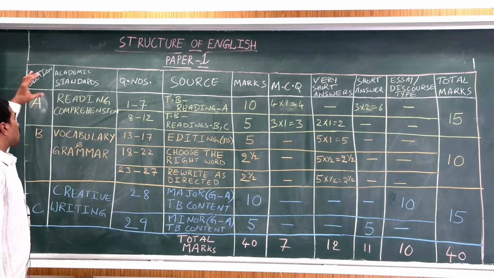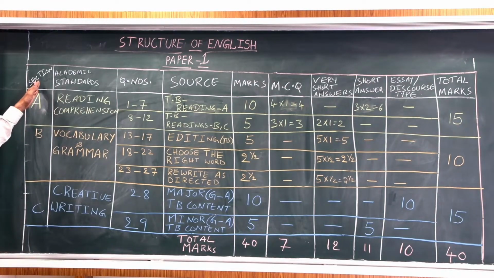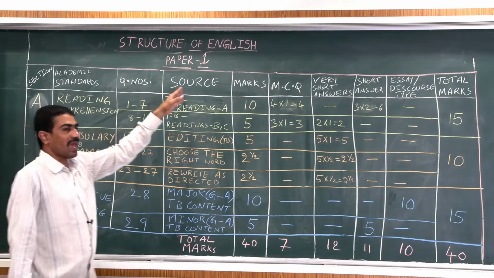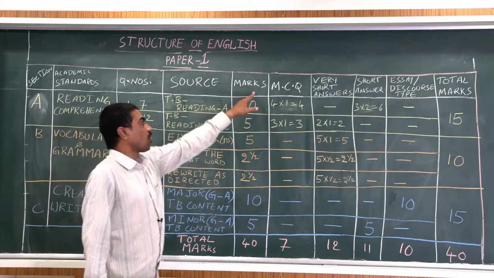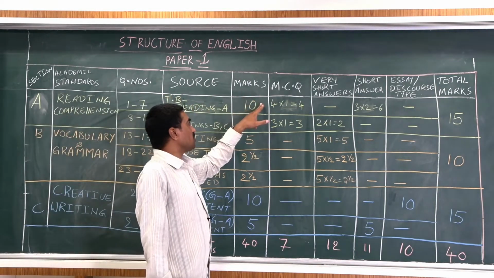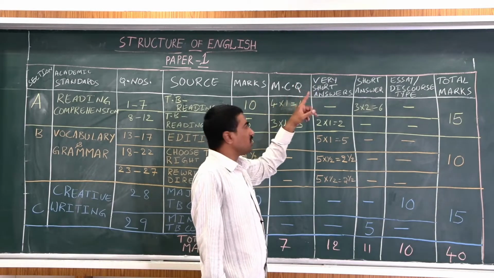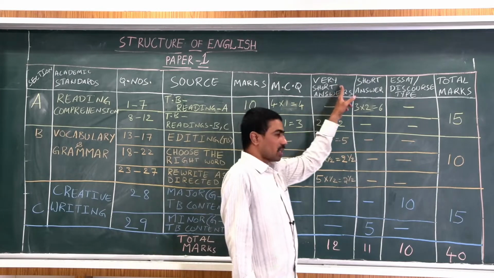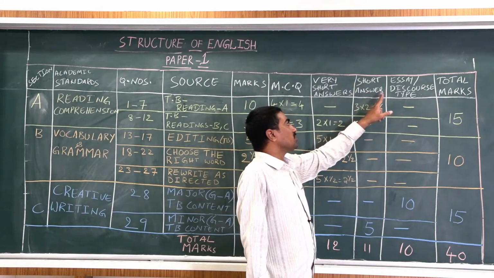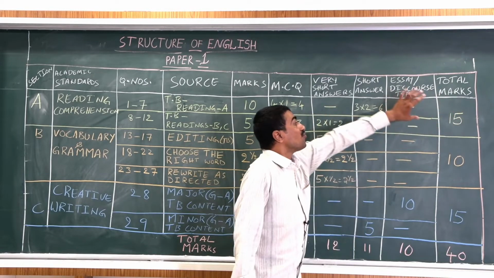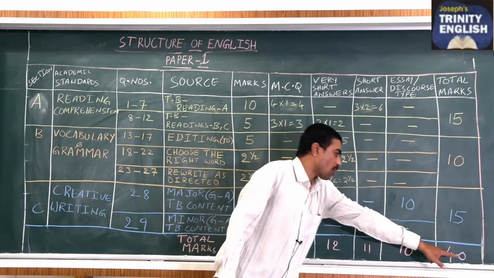And here we have the sections and the academic standards, question numbers and the source, the total marks allotted for this section, and then what is the type of the question, either MCQs or very short answers or essay or discourses, and the total marks allotted for this section.